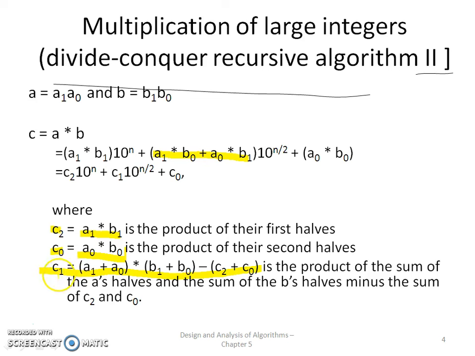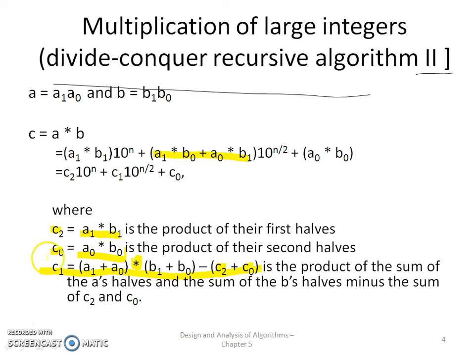So C1 could be represented as A1 plus A0 into B1 plus B0 minus C2 plus C0. C2 and C0 are the two multiplications that we already have, and we have now introduced a new multiplication, the third one, for the calculation of this C1 component.